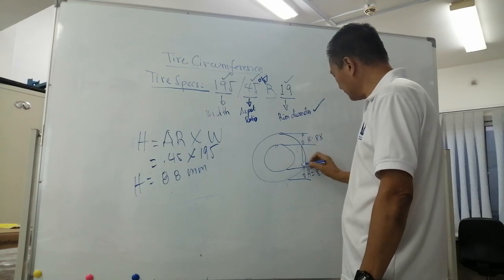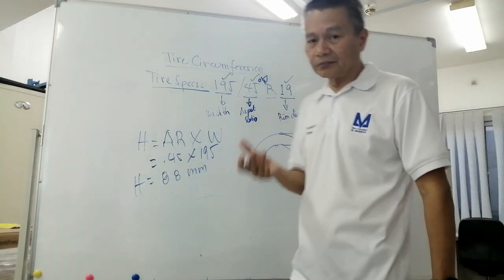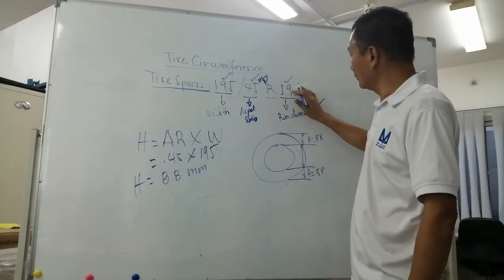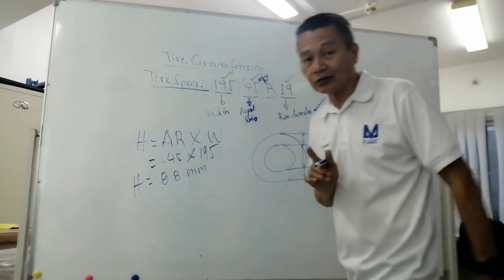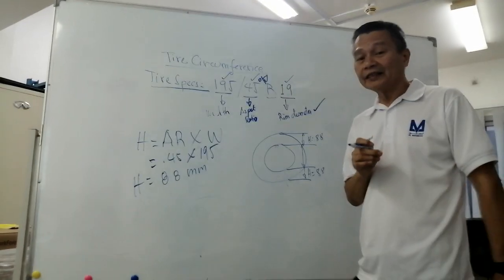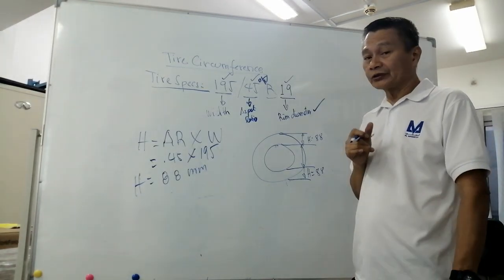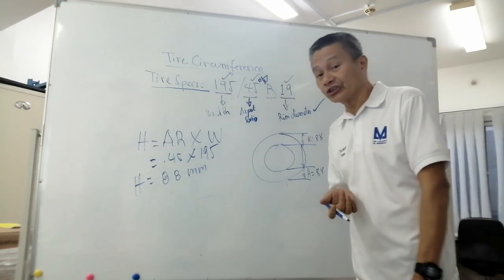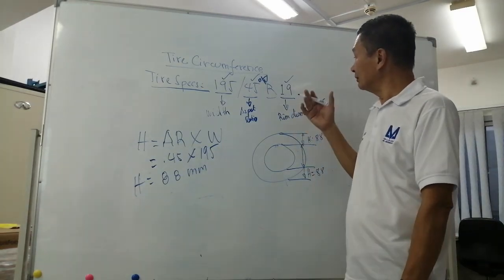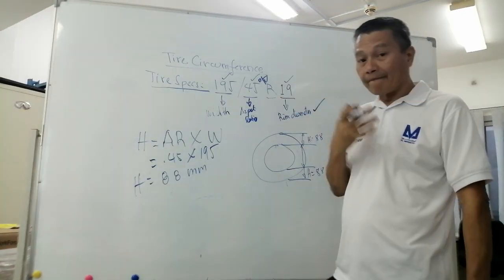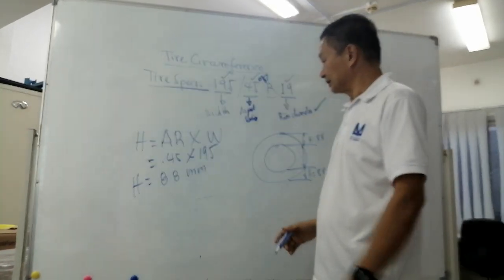But what is the rim diameter? We have 19, but take note, this 19 is in inches, so we will translate this into millimeters.